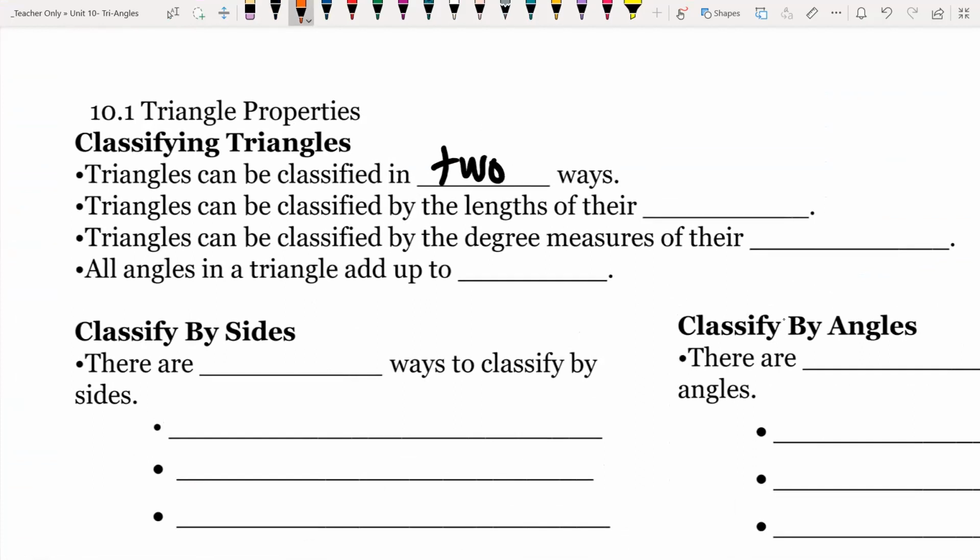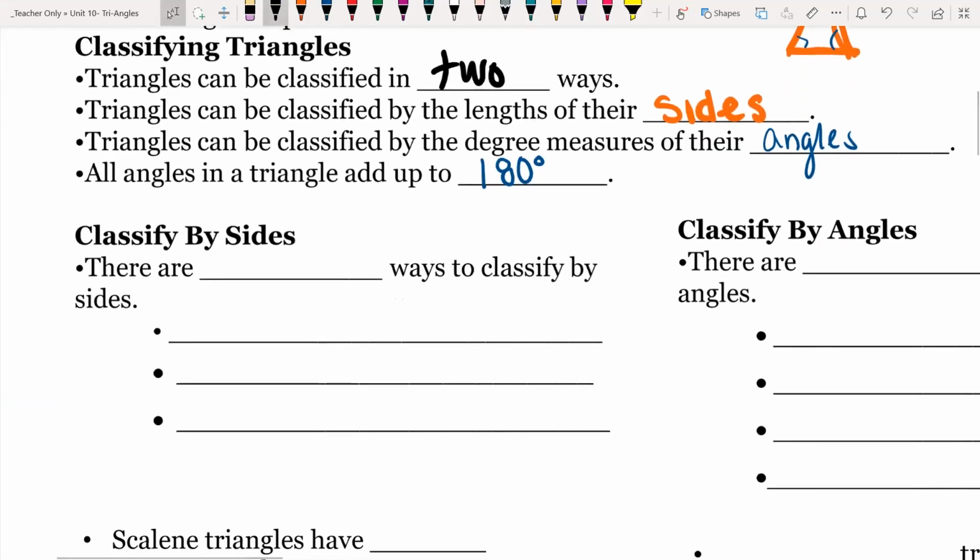The first one is the lengths of their sides, or by the degree measures of their angles. So the angles are the inside numbers, right? And one other thing that's important about triangles is that they all add up to 180 degrees. So let's talk about classifying them by their sides.